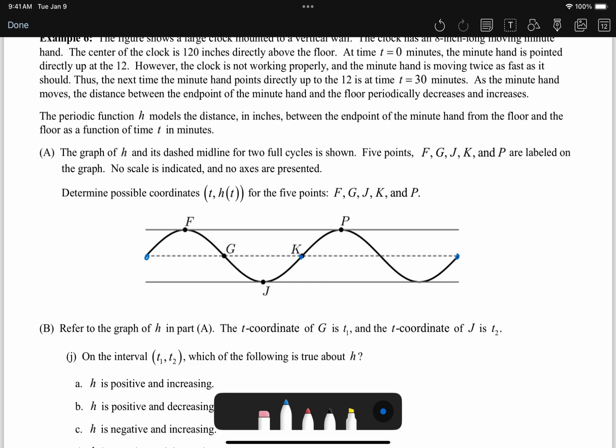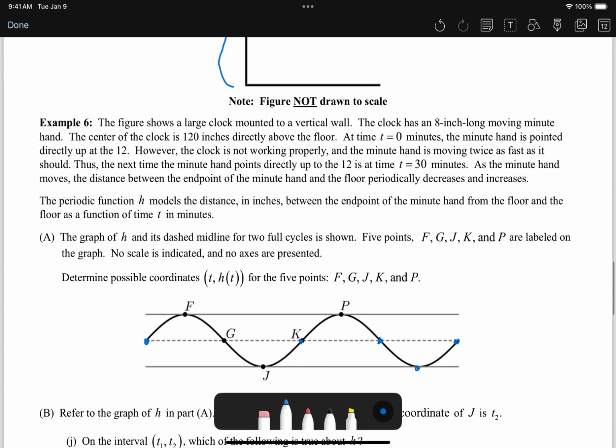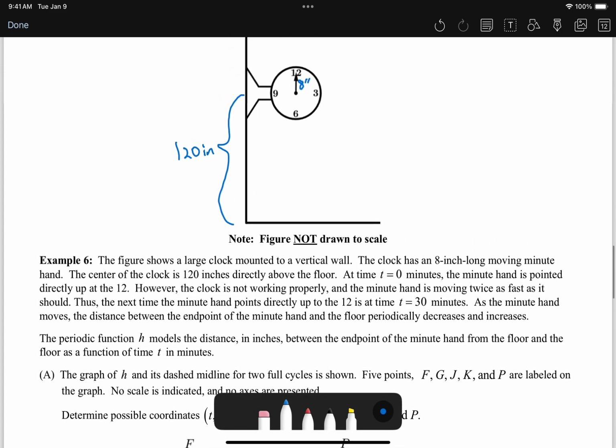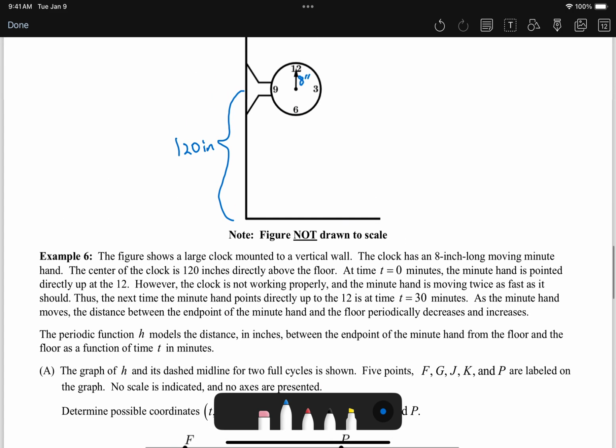Now 5 points are shown, F, G, K, P, but we can put a bunch more on there too. In fact, I can put points right there and you can see them. So that's 2 full cycles, okay? But we're going to label 5 points, F, G, J, K, P, and we're going to talk about them. Okay, so at time t, the minute hand is pointed directly up at 12.